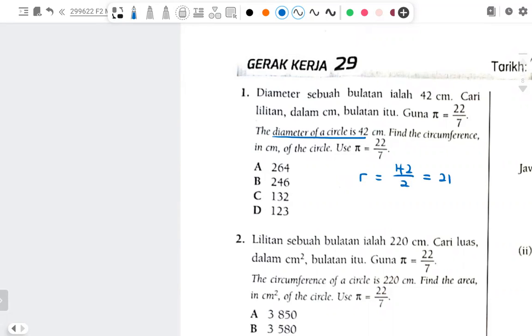Okay, 21 centimeter. Okay, find the circumference. Formula, circumference 2 pi r. Substitute 2 times pi times radius. So answer A, B, C, or D.